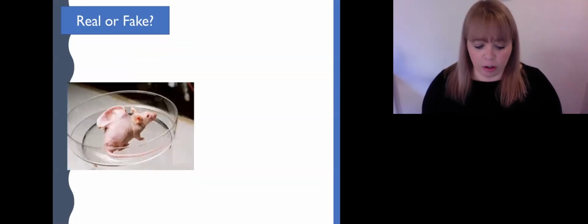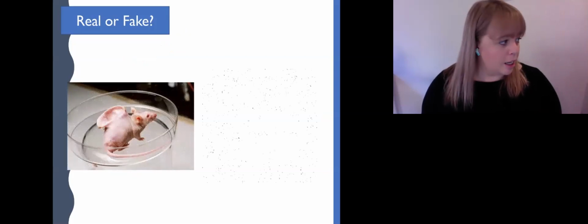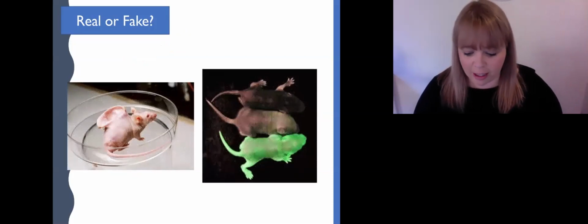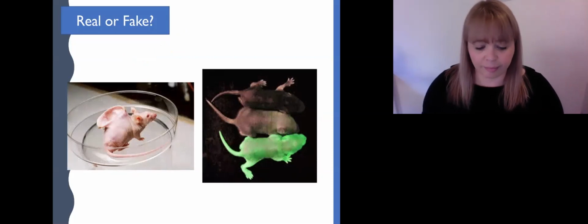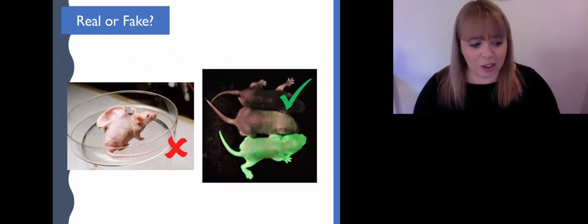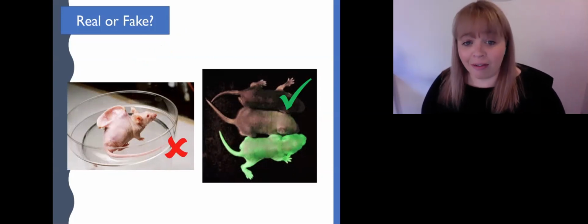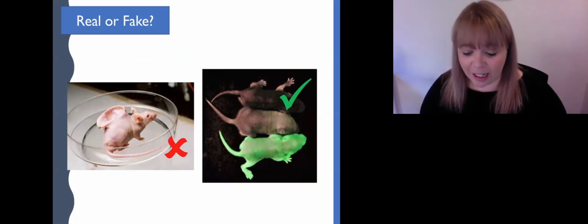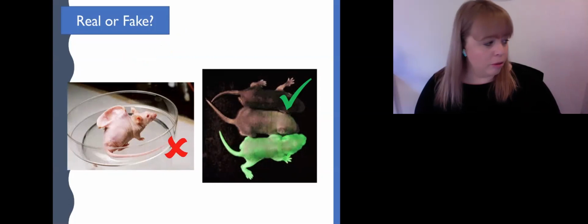So now we've got two. We've got a mouse with an ear growing off the back and a glow-in-the-dark mouse. First one is literally just a makeup artist having fun with a mouse and shoving an ear onto the back and getting it to grow.